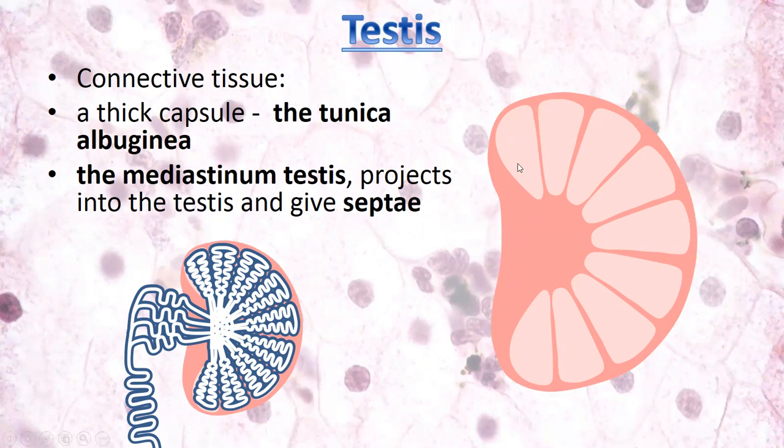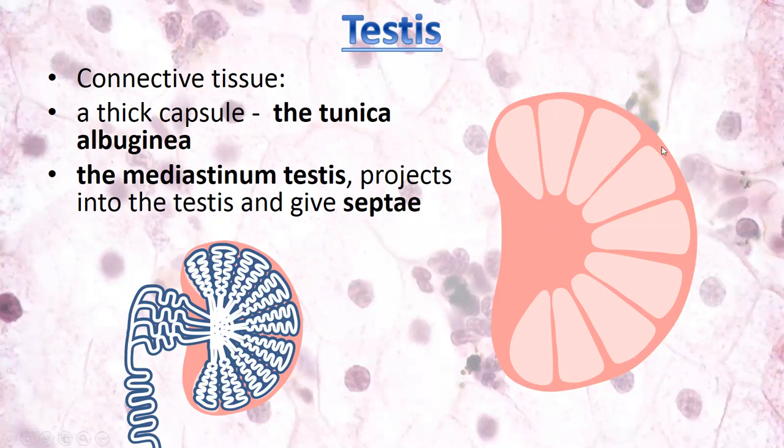Between the tunica albuginea and the mediastinum testis there are connections, projections of dense fibrous connective tissue which connect the capsule and the mediastinum, called septa.